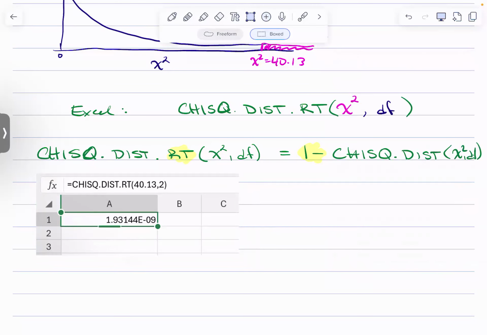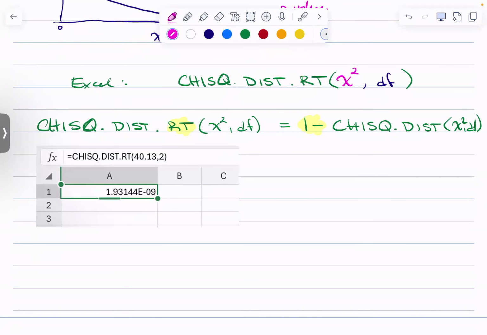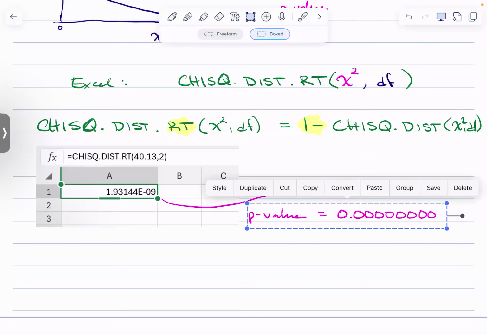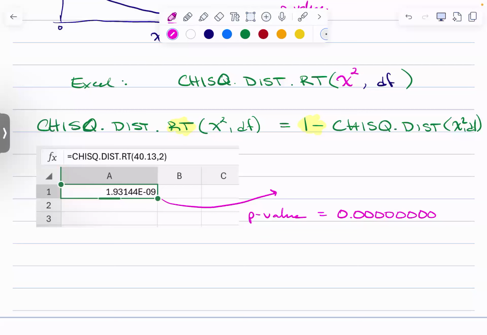This tells me that the p-value is 0.000, 8 zeros, 193144.